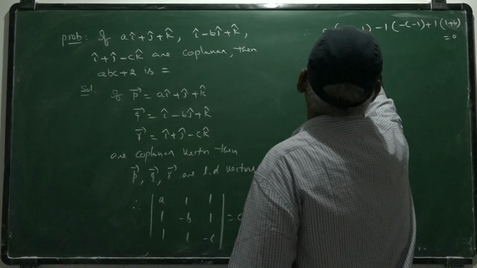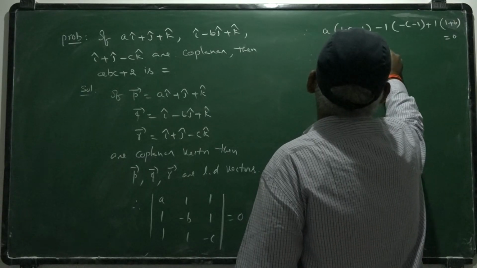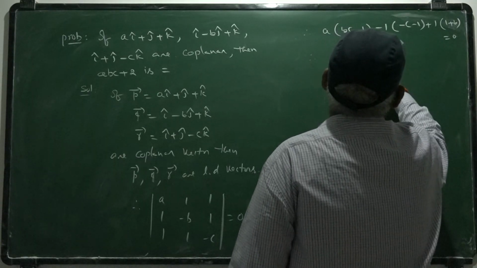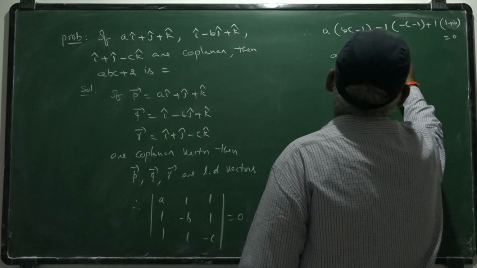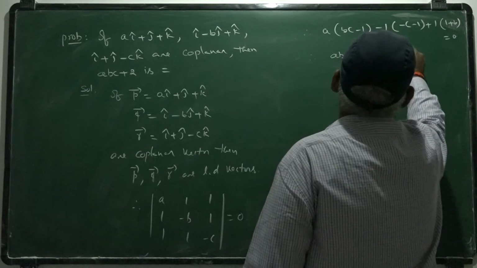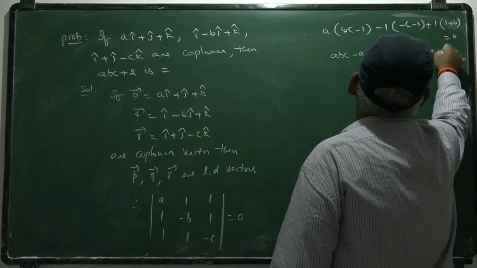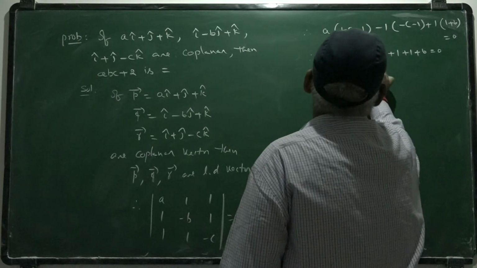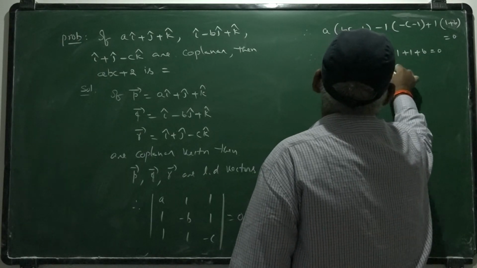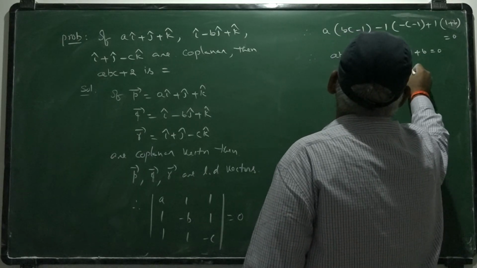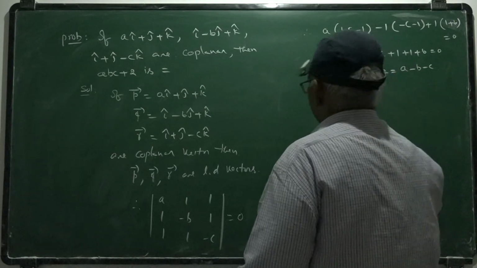Hence, ABC minus A plus C plus 1 plus B equal to 0. Hence, ABC plus 2 takes the value A minus B minus C itself.